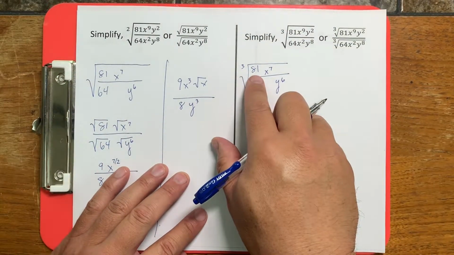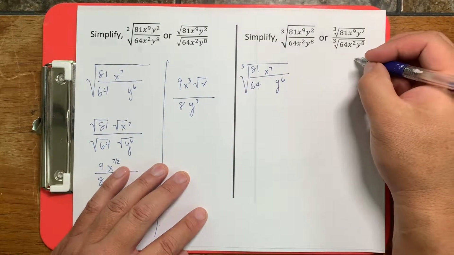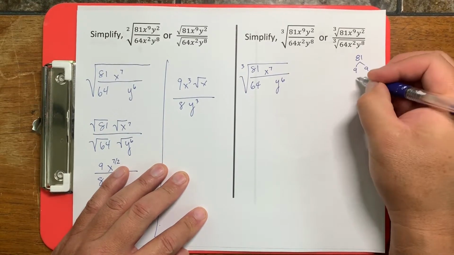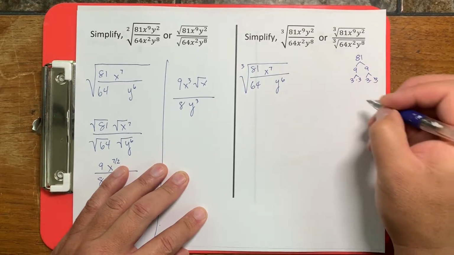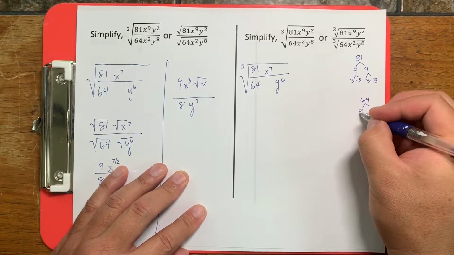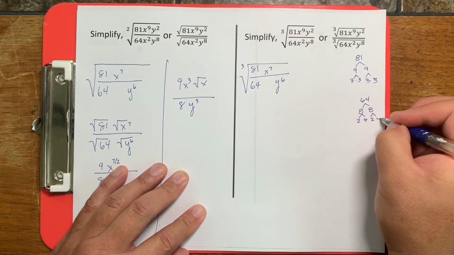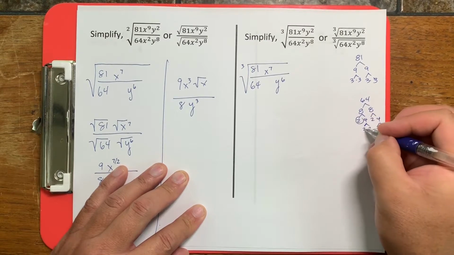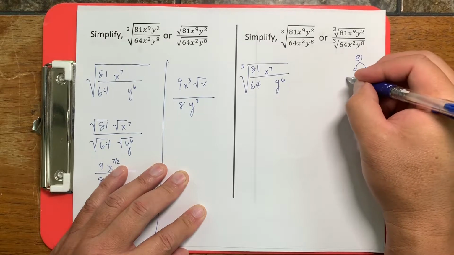So when we're dealing with an index of 3, what we want to do is look at the prime factors. So 81 is equal to 9 times 9, 3 times 3, 3 times 3, and 64 is equal to 8 times 8, 2 times 4, 2 times 4, and then 2, 2, 2, 2. So this, these, and then over here, this is equal to this.